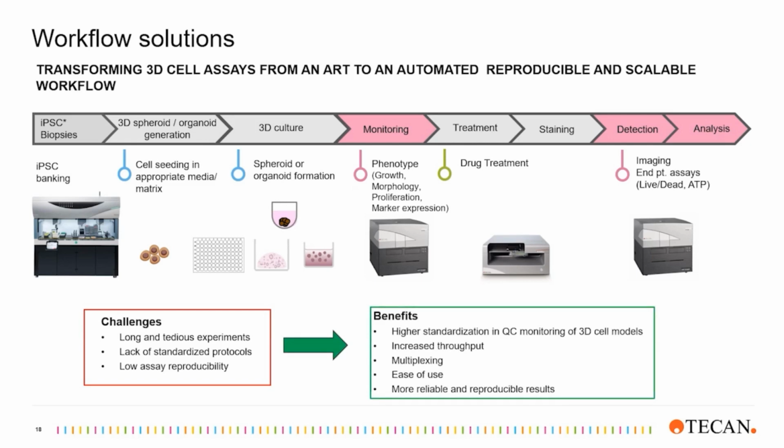Higher standardization during the quality control and monitoring of 3D models, increased throughput, the ability to multiplex a variety of analysis functions, ease of use with the Spark Control software, and more reliable and reproducible results.